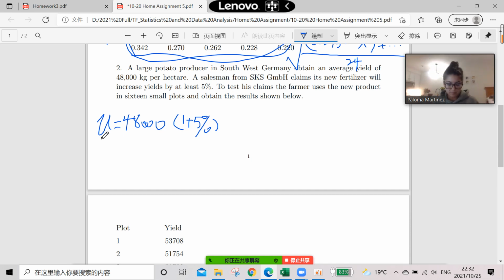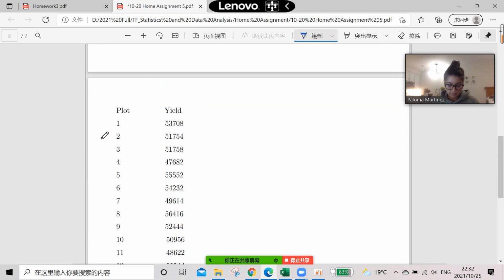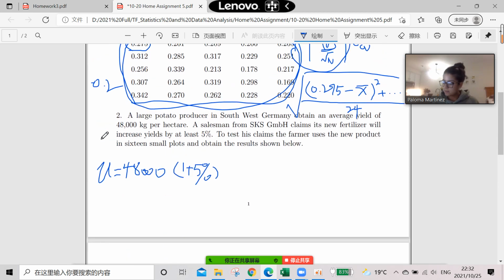But what is our alternative hypothesis here? I put that mu is greater than. Yeah, that makes sense, because that's something I want to achieve. But it's tricky.